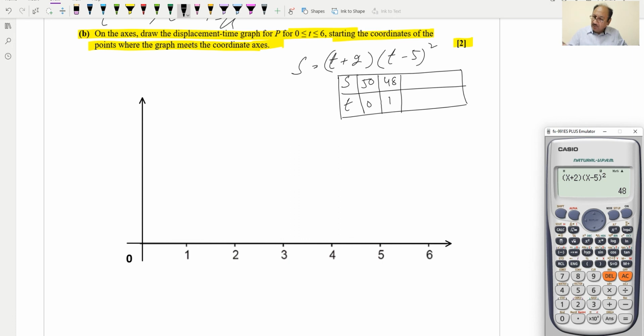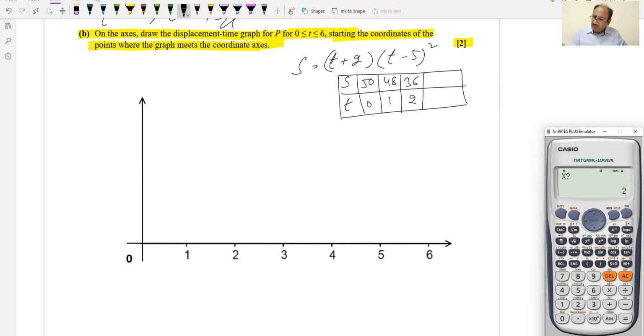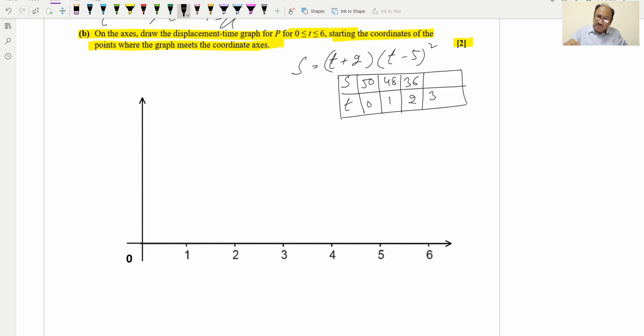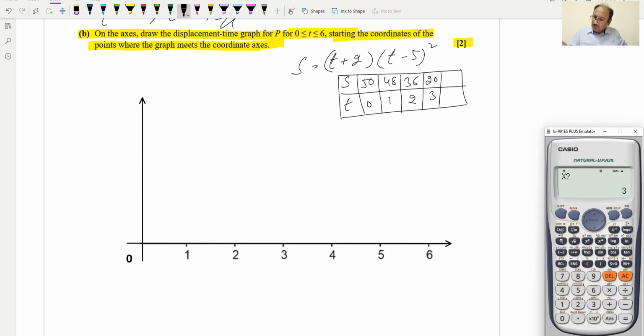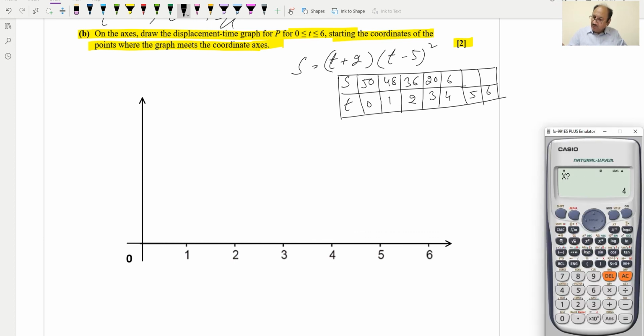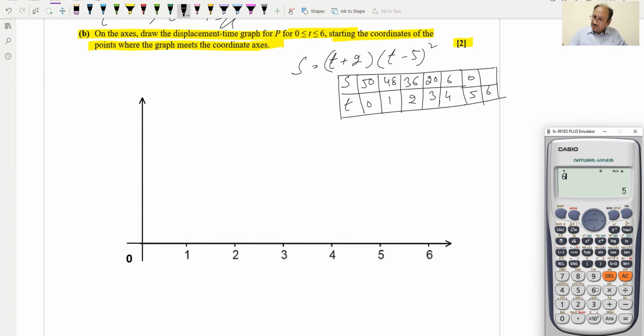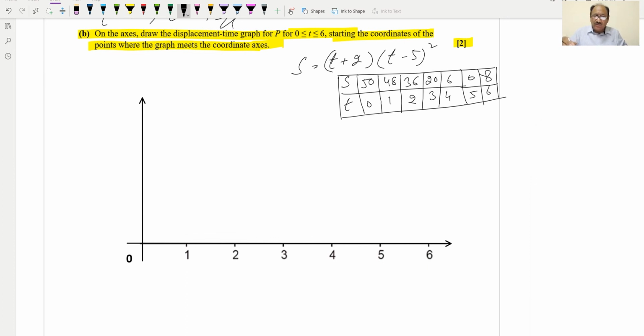For 2, calculate for 2, this will be equal to 36, and for 3 this will be 20. For 4 this is equal to 6. For 5 and 6 we can also extend this: calculate for 5, this is equal to 0, and for 6, this is equal to 8. So we got these values. For 5 it is 0.